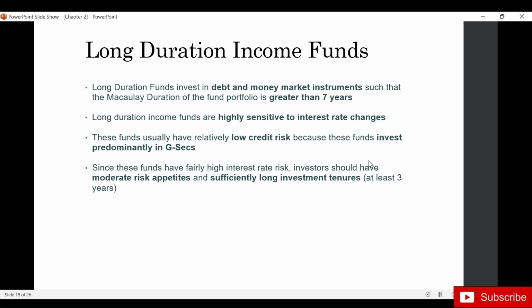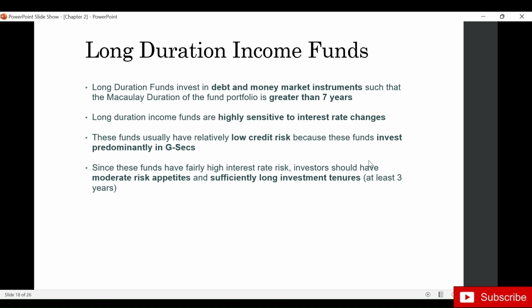Now we move on to the next category of debt funds, which are long duration income funds. Long duration income funds invest in debt and money market instruments, and the Macaulay duration of the fund portfolio is greater than 7 years. Because they are investing in long term securities, they are highly sensitive to interest rate changes.